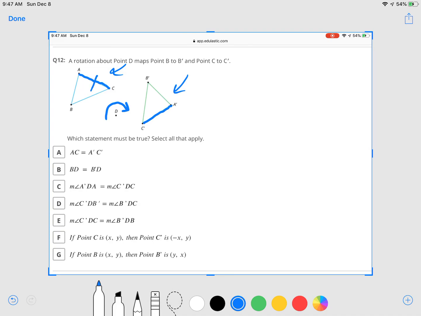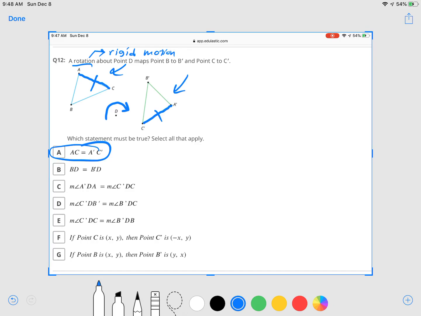So whatever AC was beforehand, it's going to stay the same afterward. A rotation is an example of a vocabulary term we had, rigid motion, and it means that the shape stays the same before and after the transformation. It might change location, but it still has the same size and shape. Okay, so option A here works.